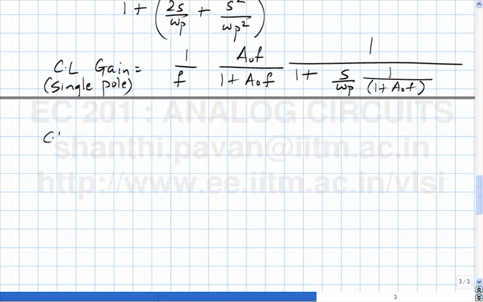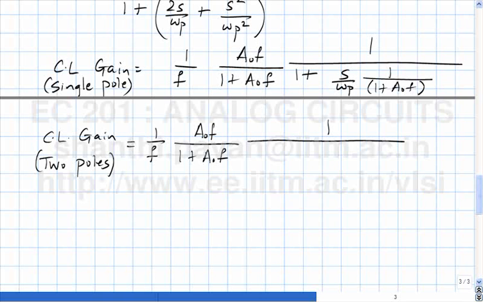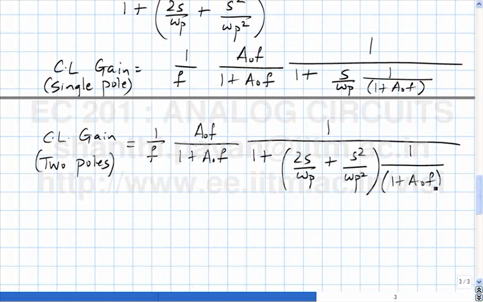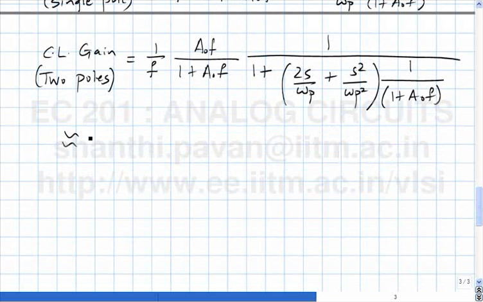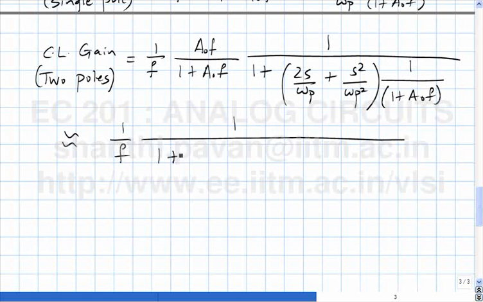Now all that we have to do is replace s by omega p with 2s by omega p plus s square by omega p square, divided by 1 plus A naught f, which I conveniently approximate as 1 over f divided by 1 plus 2s by A naught f omega p plus s square by omega p square times A naught f.